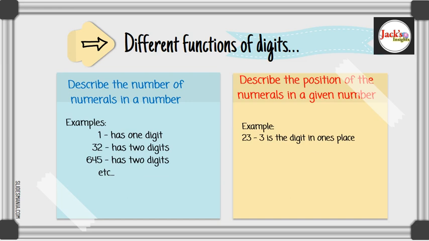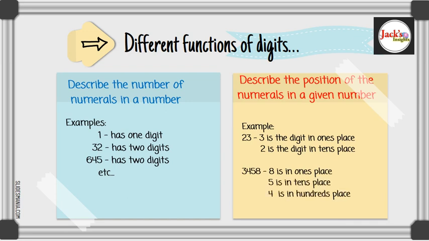The first digit from the right, which is the numeral 3, is in the one's place, while 2 is the digit in the tens place. Another example, 3458. 8 is in the one's place, 5 is in the tens place, 4 is in the hundreds place, and 3 is in the thousands place.